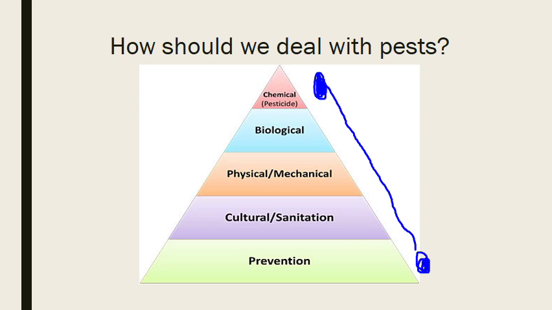Some physical things that you can do, such as spraying hot water, moving your field to a different area, biological methods of introducing beneficial insects, introducing natural predators. And then finally, chemical is your last resort. Unfortunately, as we stand now, chemical tends to be the first resort for getting rid of pests.